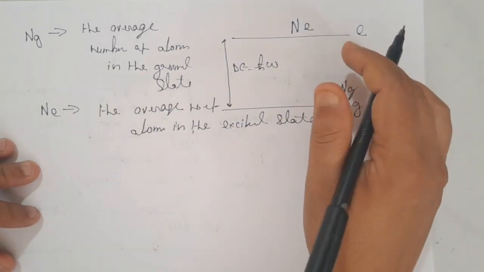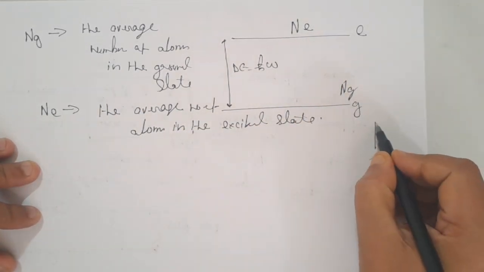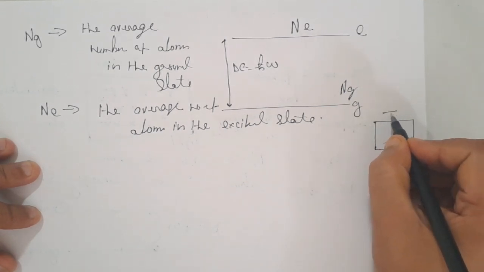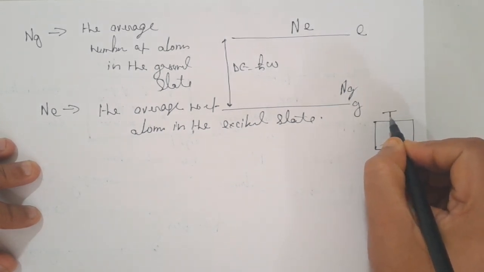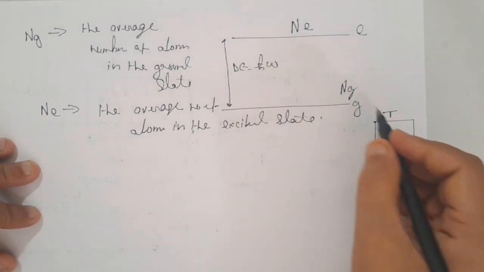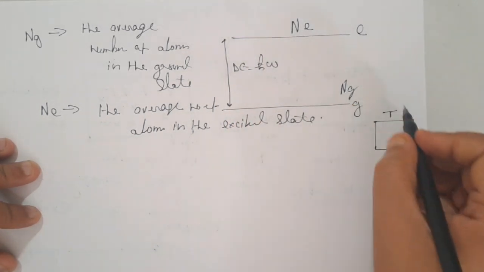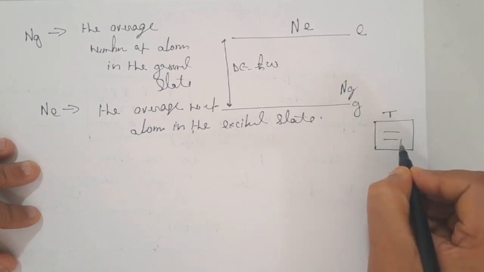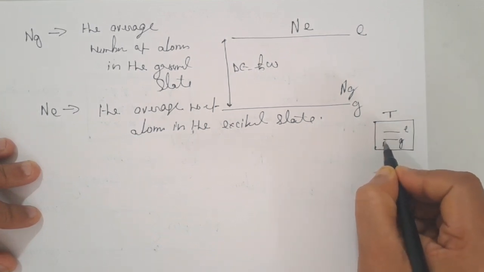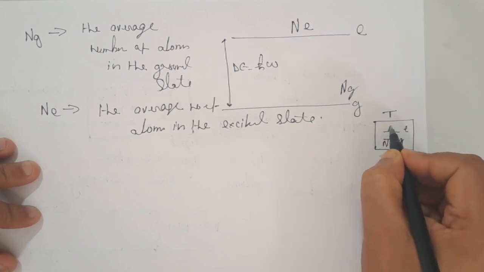This box is at thermal equilibrium at temperature T, and in this box these atoms have two states, ground state and excited state, with number of atoms Ng and Ne.